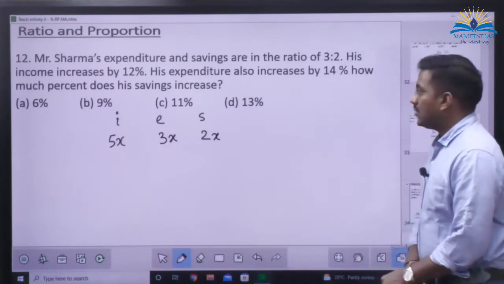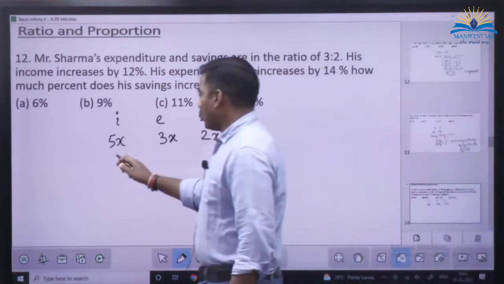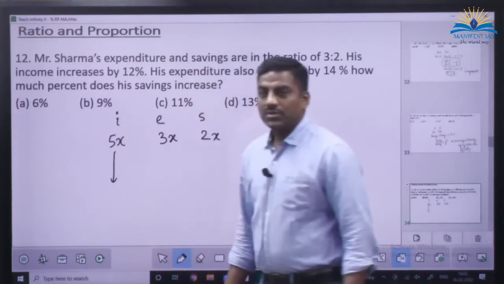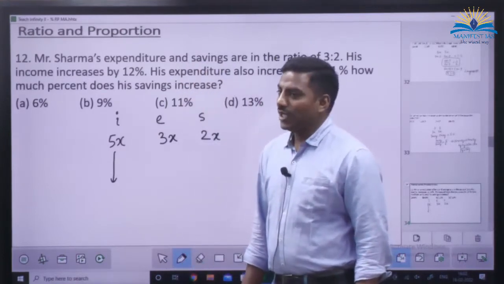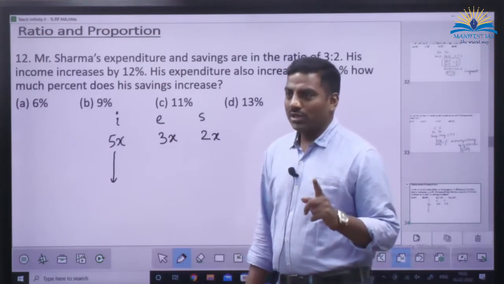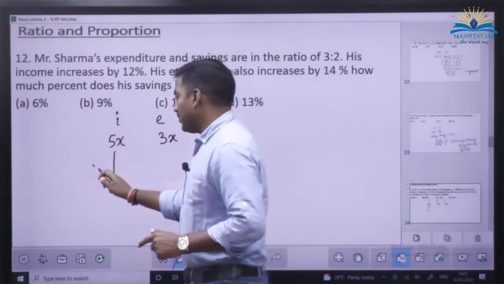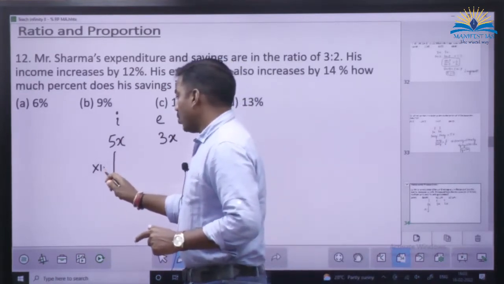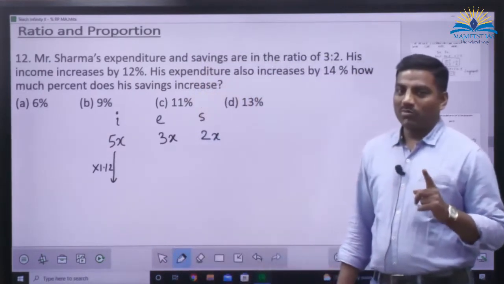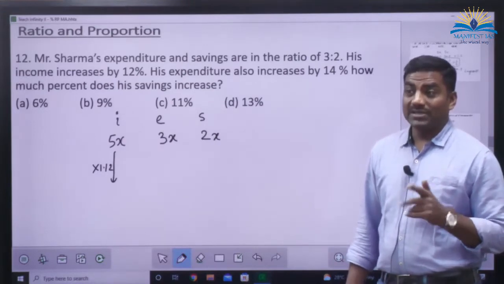Then his income increases by 12%. I want to increase this by 12%. Should I add something or multiply something? You have to do multiplication from now on. Whenever we are increasing, can I multiply by 1.12? Don't do it by 1.2. If you do it by 1.2, it says it is a 20% increase.